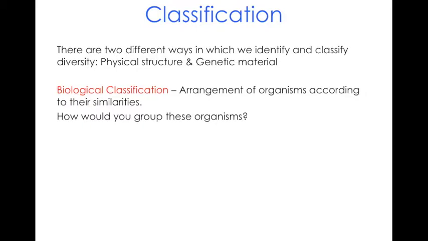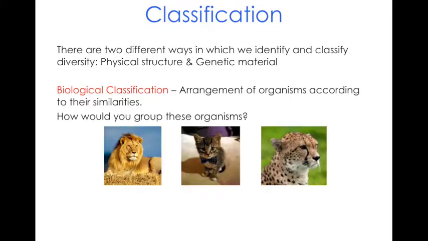Okay, so let's see how you guys go. Now, how would you go about grouping these organisms? If you see here, we've got the lion in one picture, the middle one being the cat, and the third one being the cheetah. Probably the first thought that a lot of you would have would be to call them all cats, because to us, they all belong to the cat family.